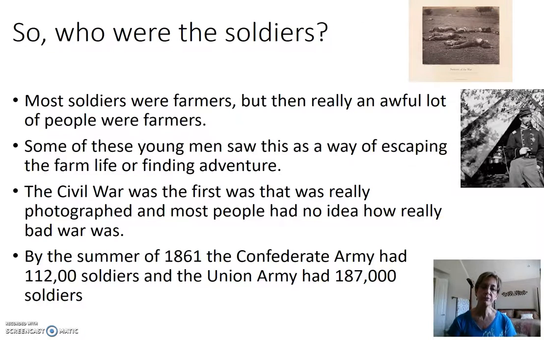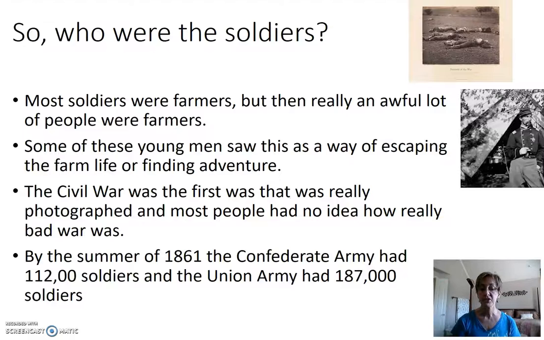So the soldiers were mostly farmers or people who didn't have a whole lot of money at first, maybe. And a lot of these young men saw this as a way of escaping their position and having an adventure because they don't know how bad war is. Really, because the Civil War is the first real war with a lot of photographs.